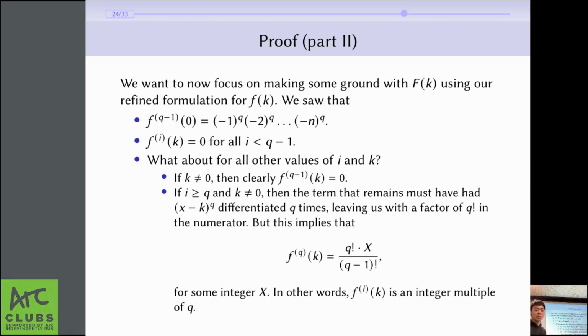So what we have here is q factorial times some integer divided by q minus 1 factorial. And so all of these factorials cancel out except for the q at the top. And so the ith derivative of f evaluated at k has to be some multiple of q. And this is the insight that we're going to be working with to get to the final parts of the proof.